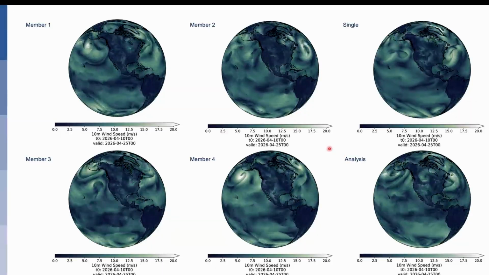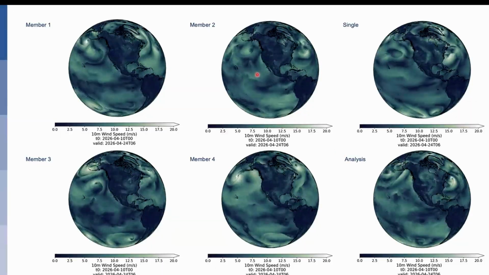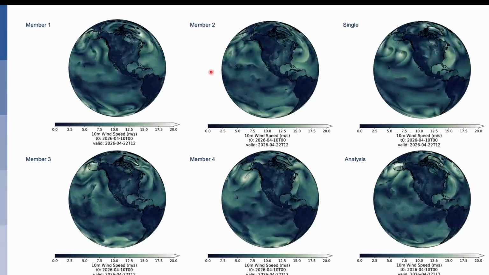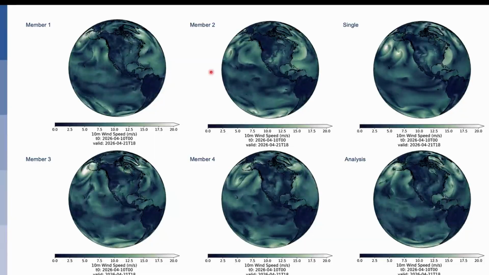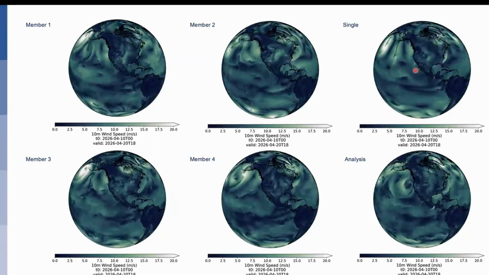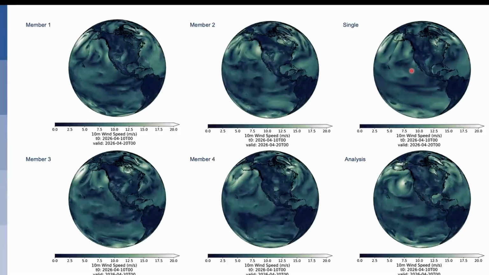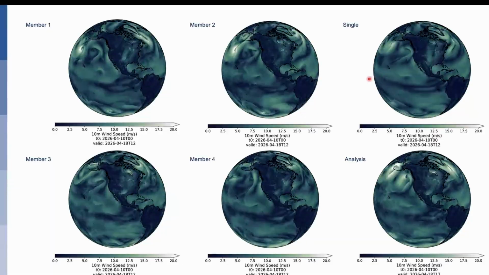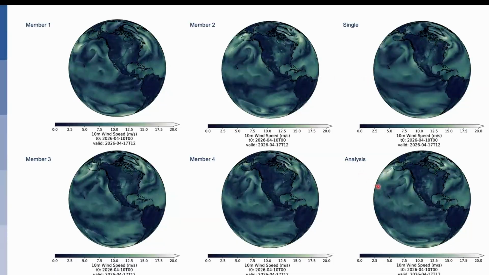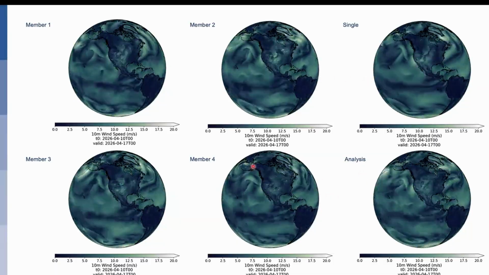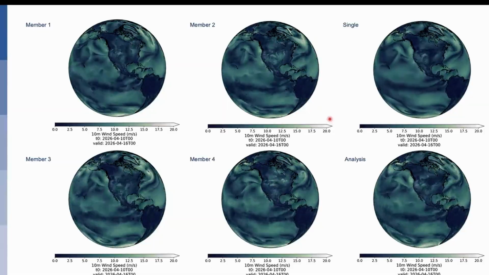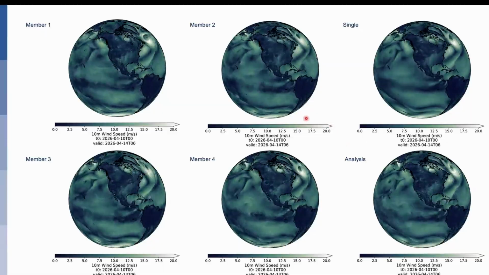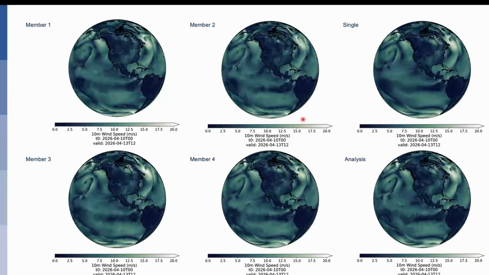And I think you can nicely see that the different members really maintain their variability within the forecast. So there's no drift or anything like this visible, like you see in the AIFS single, where it goes from some structure to this nicely smooth world.